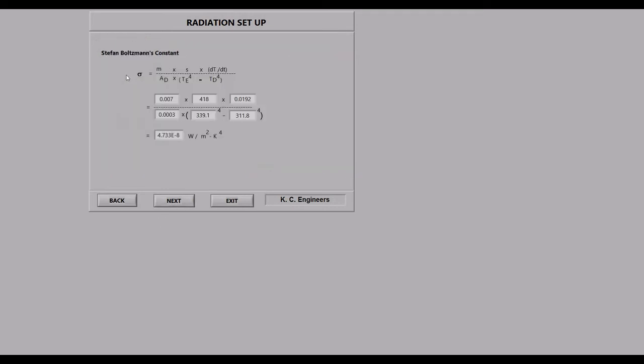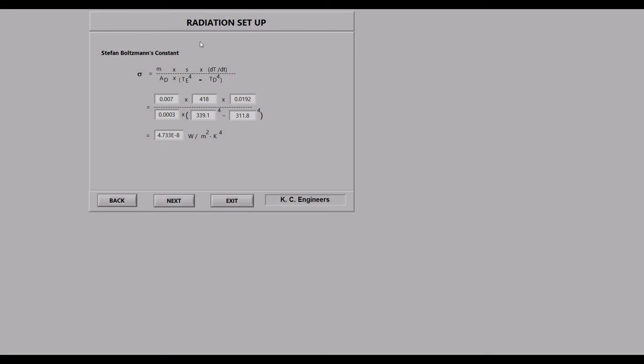From this slope, using the Stefan-Boltzmann equation, where sigma is the Stefan-Boltzmann constant, calculate the value of Q by m Cp dT/dt. The dT/dt you get from the graph, and the mass of the disk and its specific heat are given. There is also the area, so put in the values of TE and TD and calculate the Stefan-Boltzmann constant.